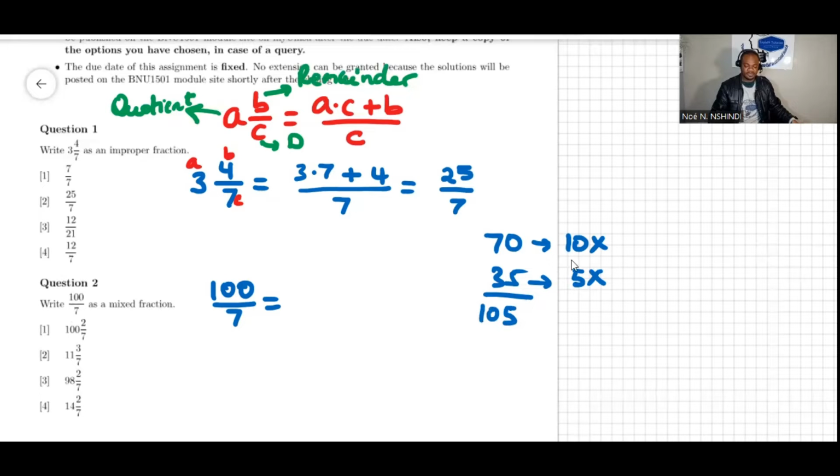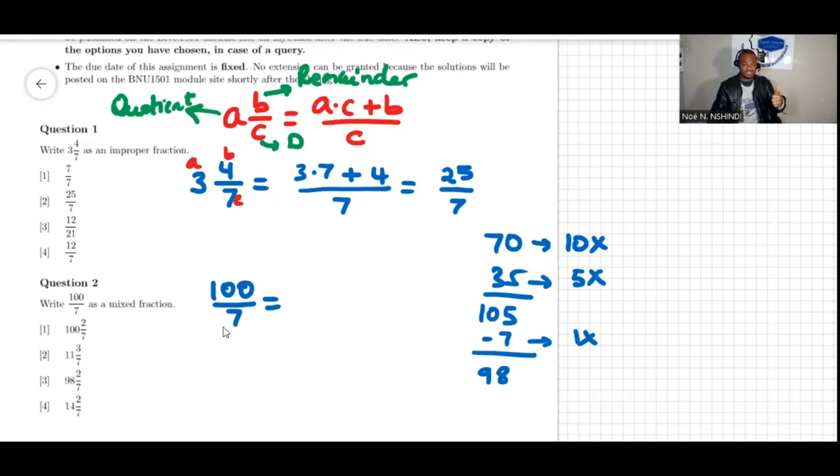So it cannot be 15 times. It must be a little lesser than that, one unit less, so I need to minus 7 one time, and then this will be 98. 98 is less than 100 and very close to it. So it's 14 times.